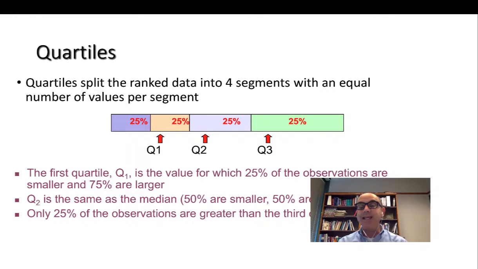Quartiles take the entire set and divide it into 4 equal segments of the data set.